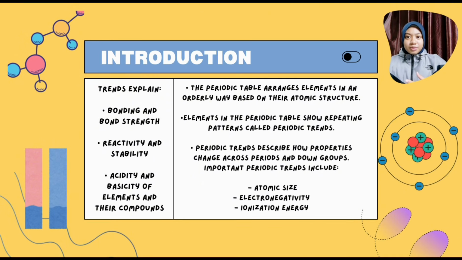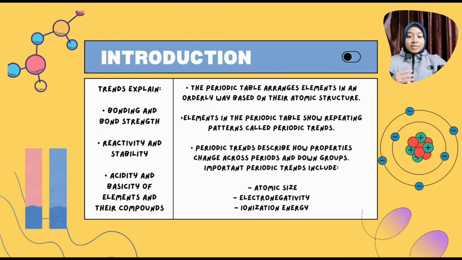For example, they can tell us which atoms are big or small, which atoms like to attract electrons, and which atoms easily lose electrons. Because of these trends, we can predict how elements will bond, which elements are more reactive, and whether a substance is acidic or basic.